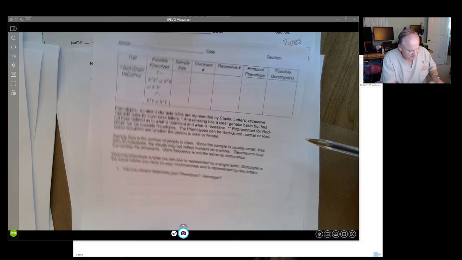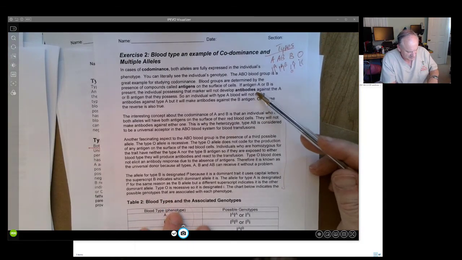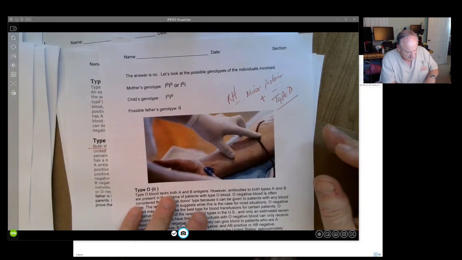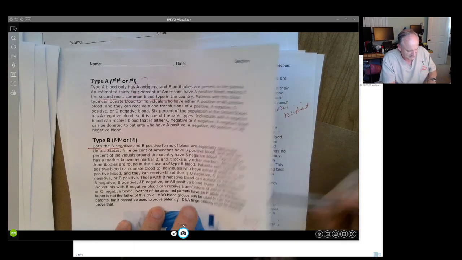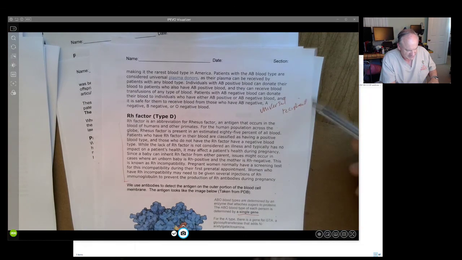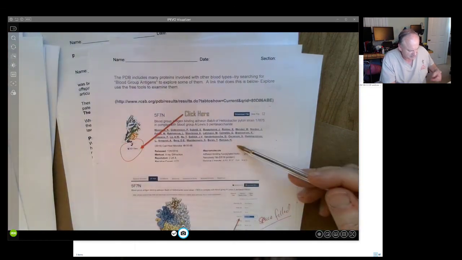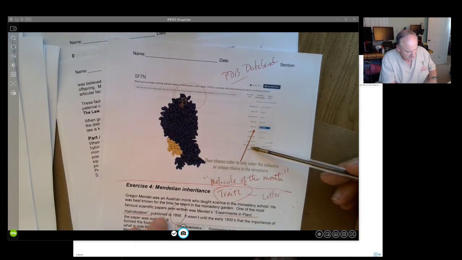All that information's in there, so fill that out. And then the blood typing is more just going through and reading what the blood types are. It's important to be familiar with those. You can also go online, if that interests you, to look at the 3D stuff, as the antigens for the blood groups are represented there as proteins.